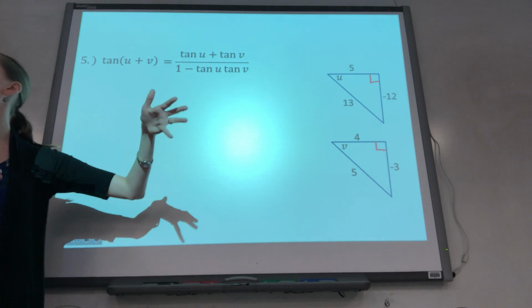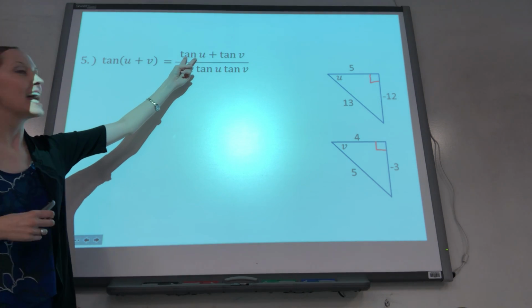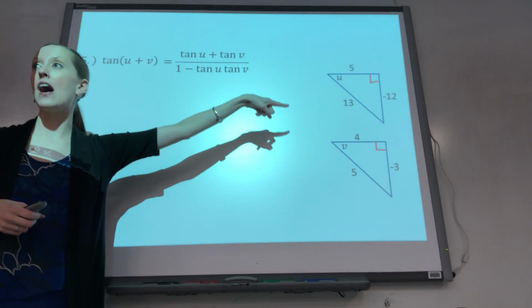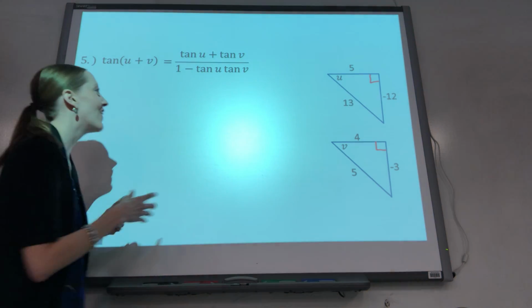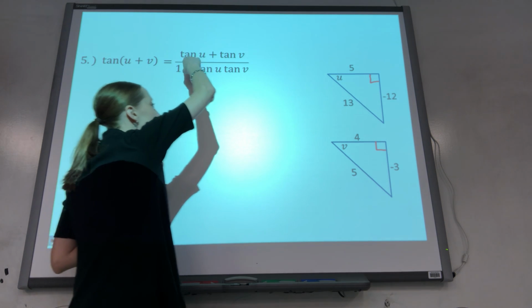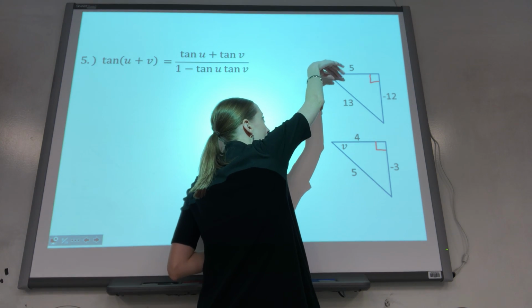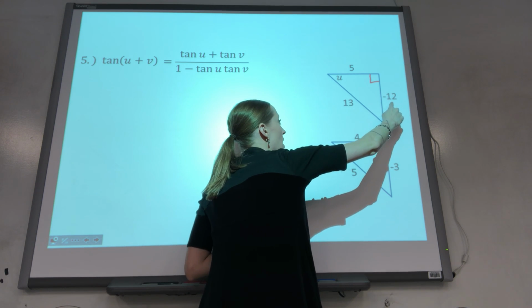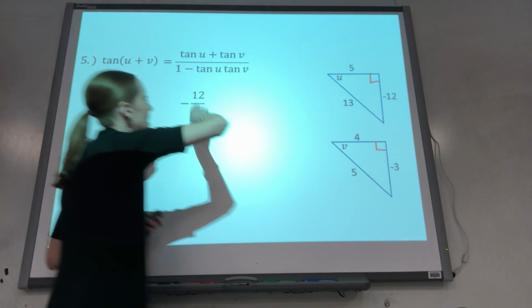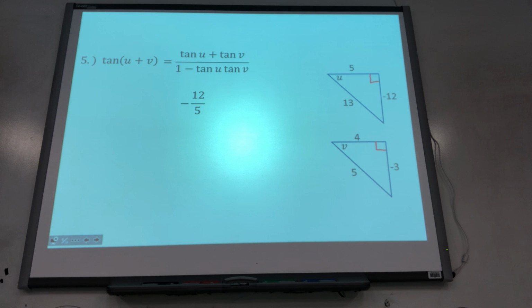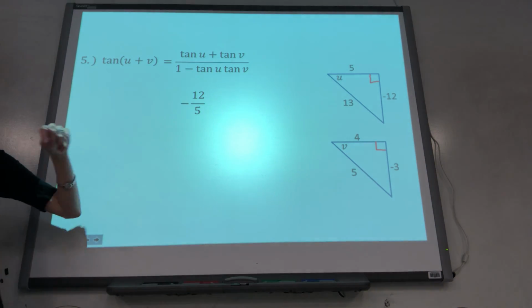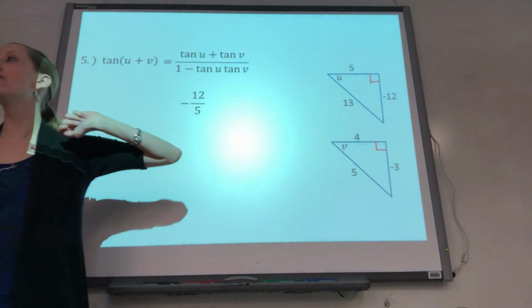And let's start to plug in what we have. Tangent of u. Use the u triangle, not the v triangle. Kind of confusing, but if it's tangent of u, go up here, and tangent is opposite over adjacent. So that is negative 12/5. Okay, to that I need to add tangent of v.